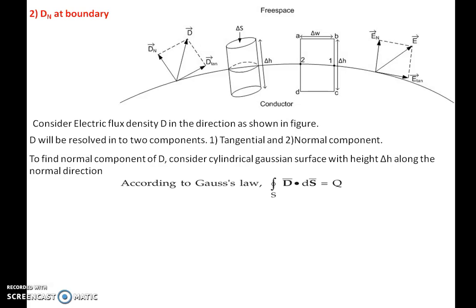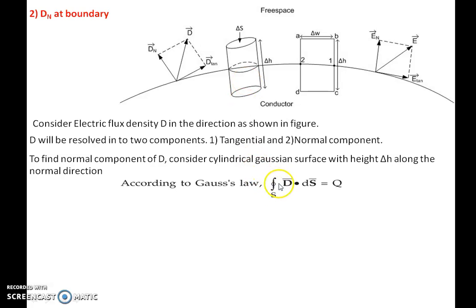As you know, the property of the conductor is that inside the conductor the field intensity and flux density are equal to 0. Now, this cylindrical surface is split into 3 surfaces: top, bottom and lateral.